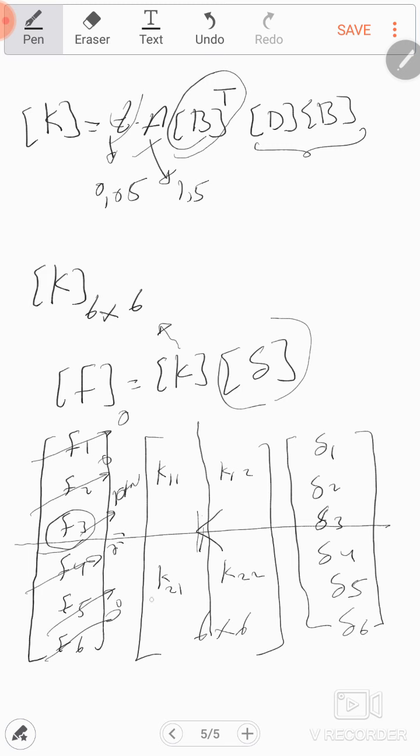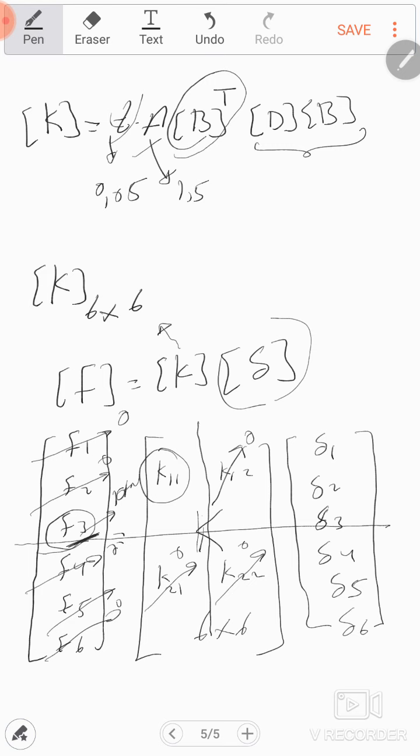K11 will not equal 0 because I have a value of 10 kilonewton here, but the other elements I can neglect: K12 I don't need, it will be 0. K21 same, it will be 0, and K22 it will be 0.